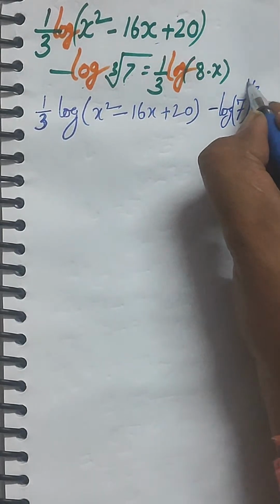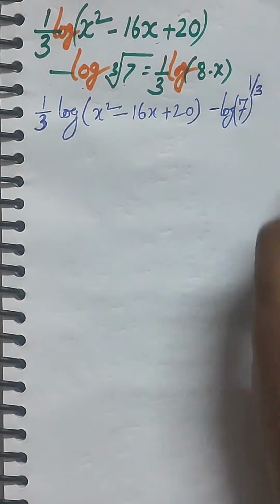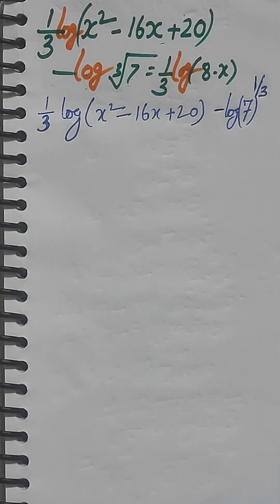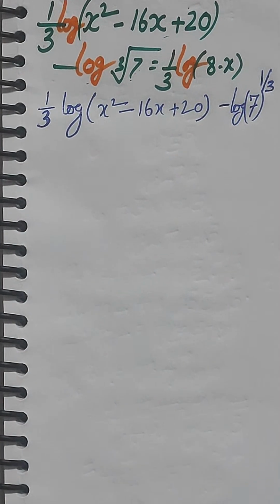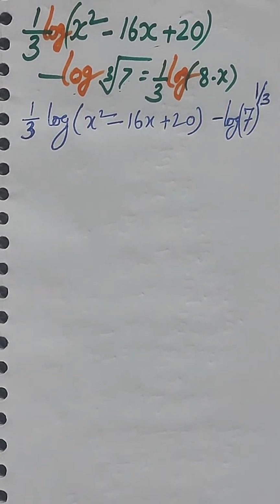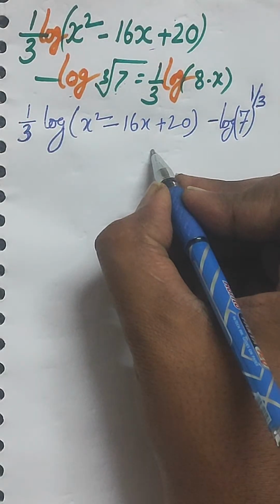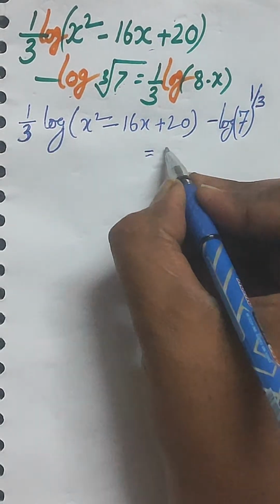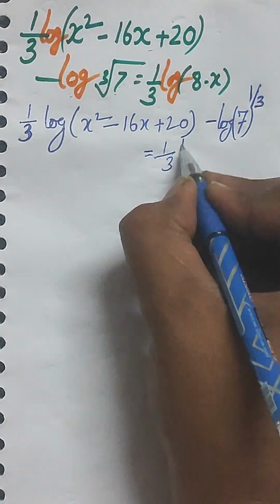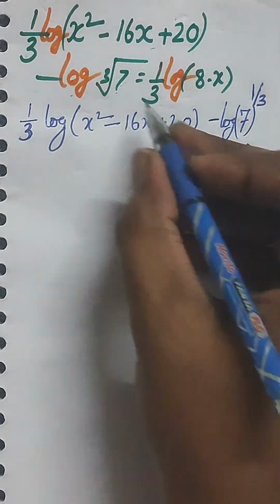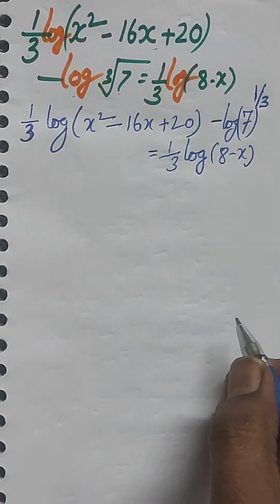Tell me if it can be written like this or not, right? Because 7 power 1 by 3 is nothing but cubic root of 7. And the last term on the RHS is equal to 1 by 3 log of 8 minus x. Just write the first term and the last term as it is, right?